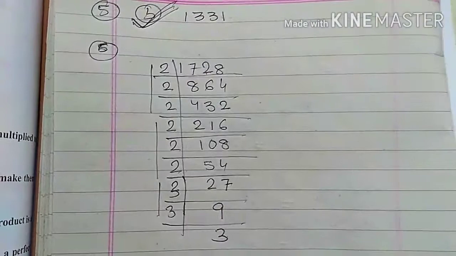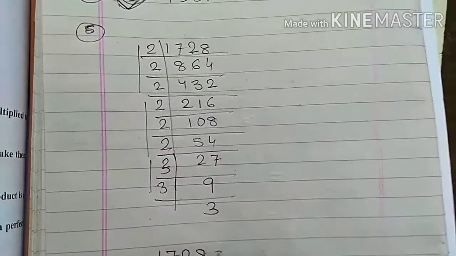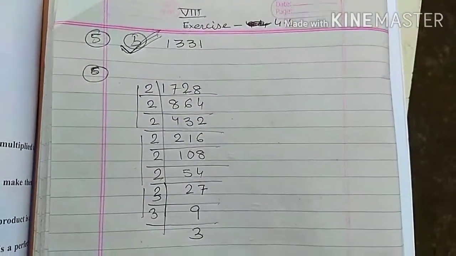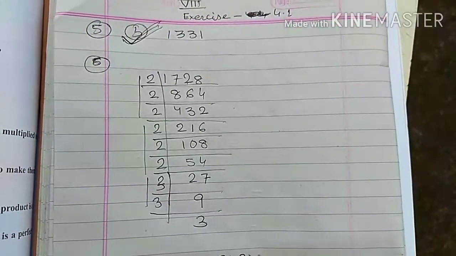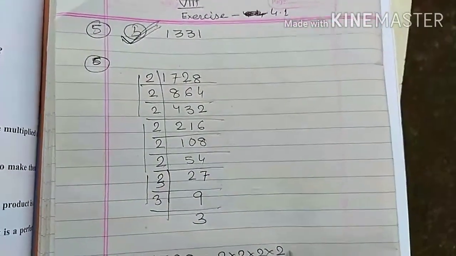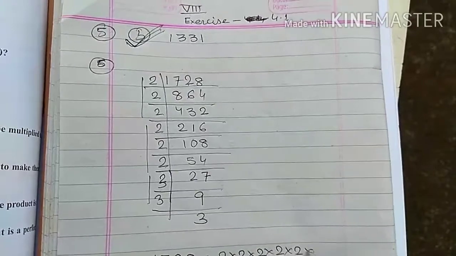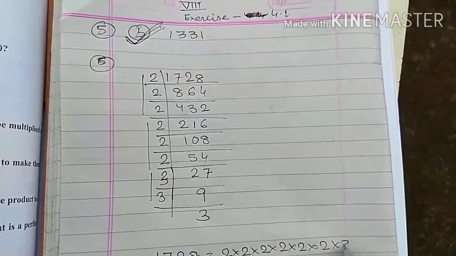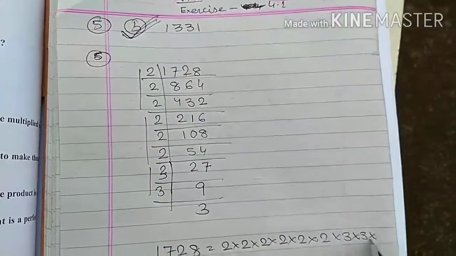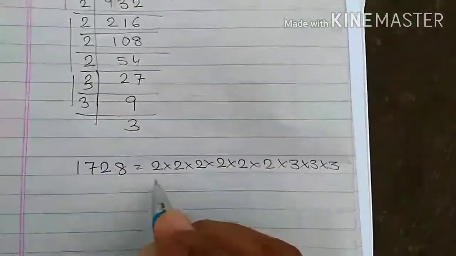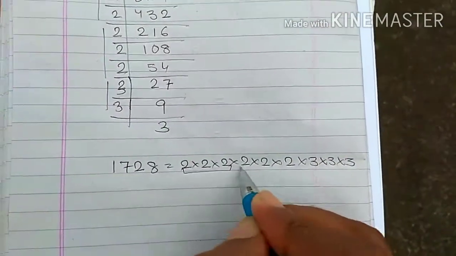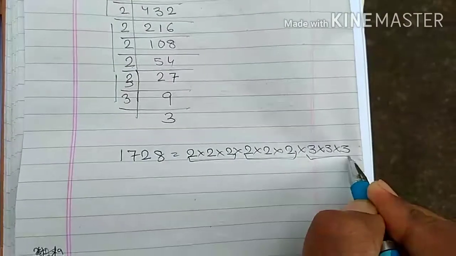We can find that 1728 is equal to 2 into 2 into 2 into 2 into 2 into 2 into 3 into 3 into 3. So look here, it makes 1, 2 and 3 triplets.